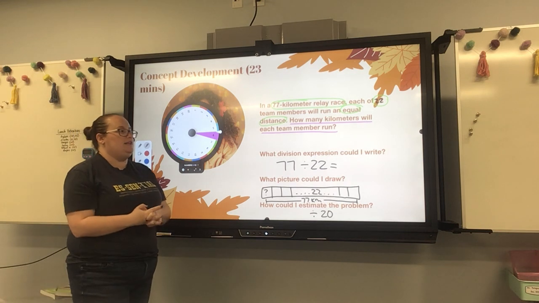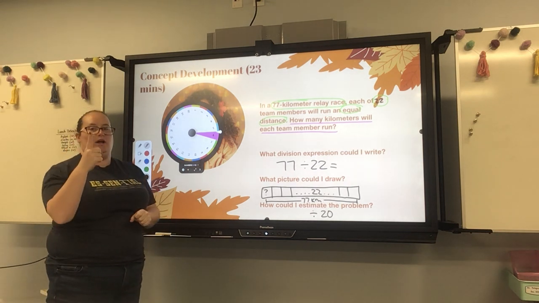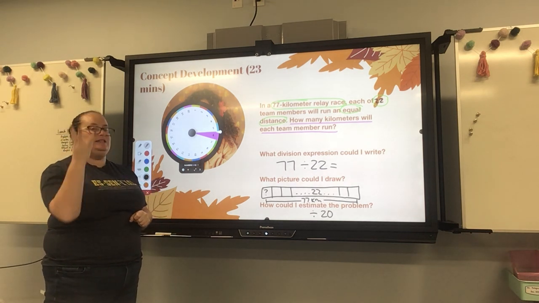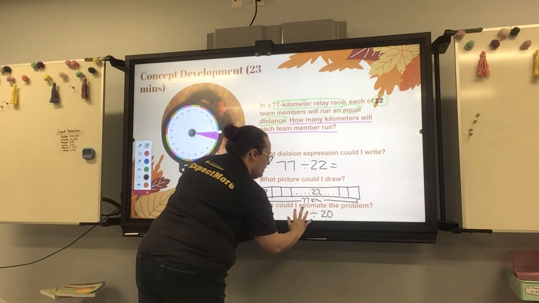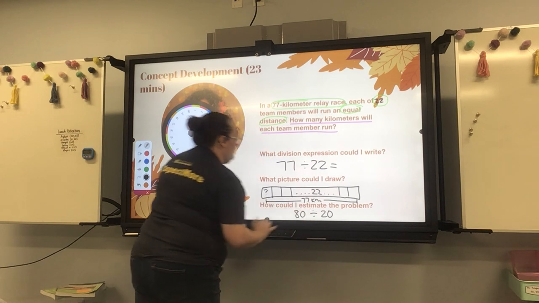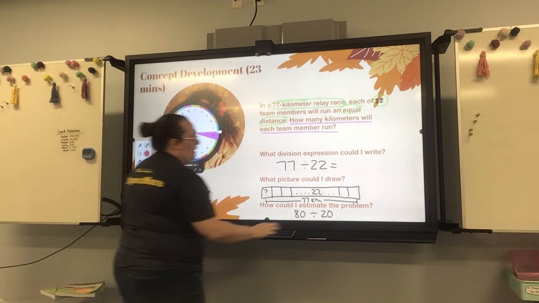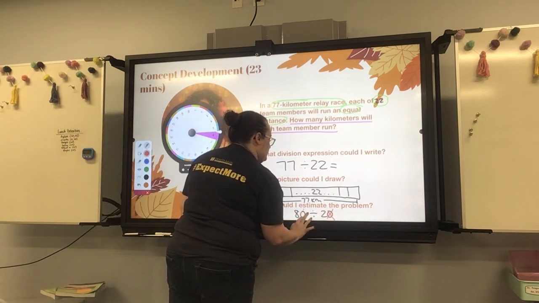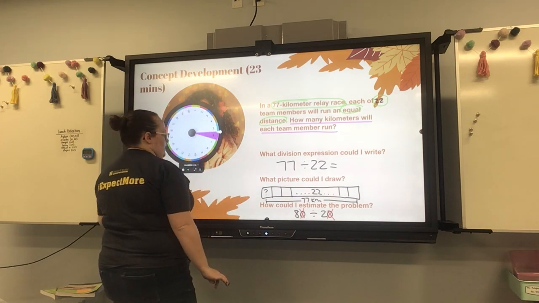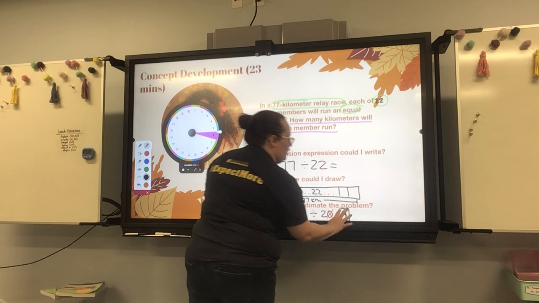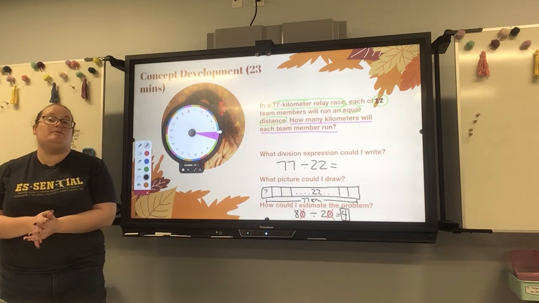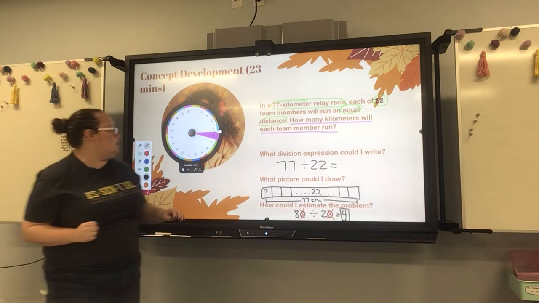For my dividend, I need to count by multiples of 20. 20, 40, 60, 80. The closest one is 80. I'm going to divide by 10, which crosses out a 0. I'm left with 8 divided by 2, which is 4. So my answer should be about 4.